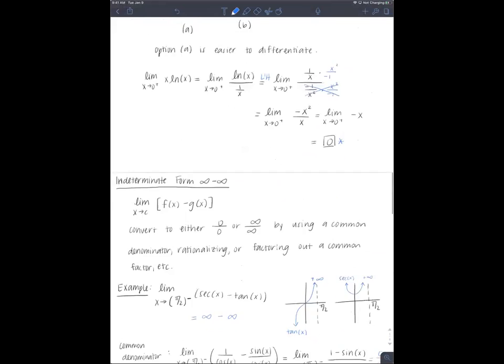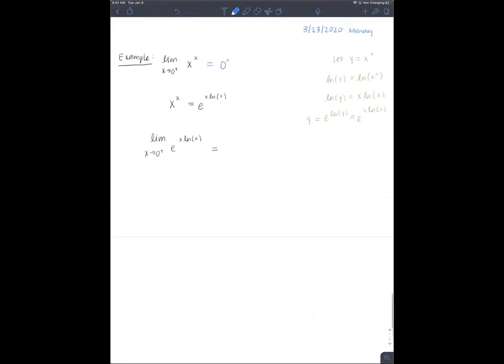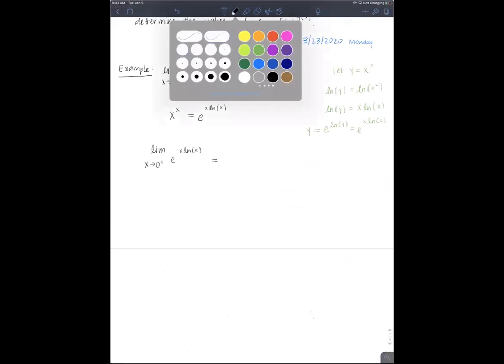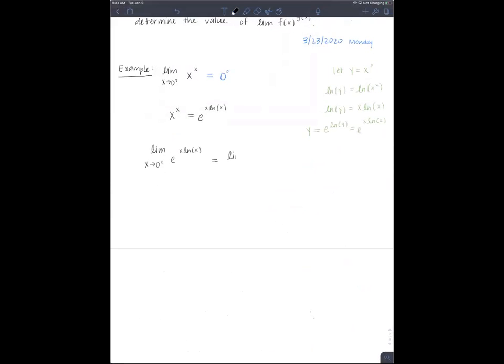So remember, you can move that limit inside the exponential, and now you're getting e to the power of 0.